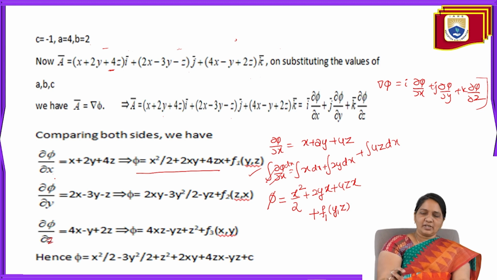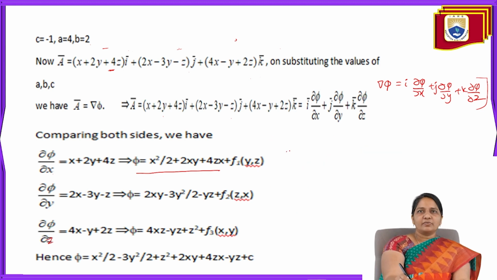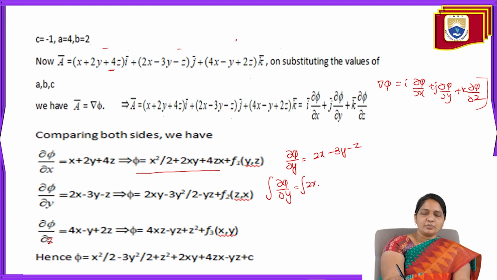Now I am moving to the next one with respect to y. What is dou pi by dou y? It is equal to 2x minus 3y minus z. Now doing the integration, integral dou pi by dou y equals integral 2x dy minus 3 integral y dy minus z integral dy.